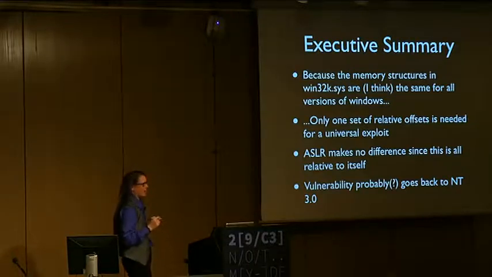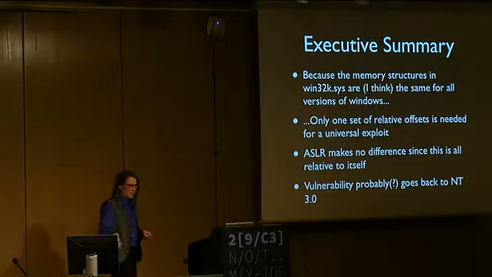Because looking around online at open source TrueType stuff, basically all of it was written in 1988 and last revised in 1993, and nobody's touched it since. So I think all of the structures are the same size, so all the offsets are always the same, and they're all relative.